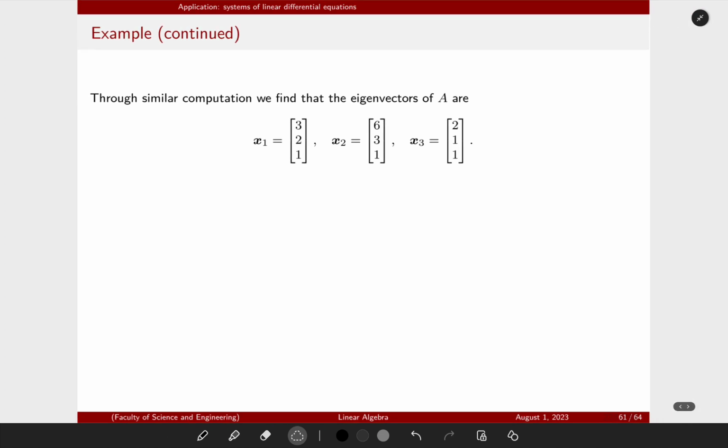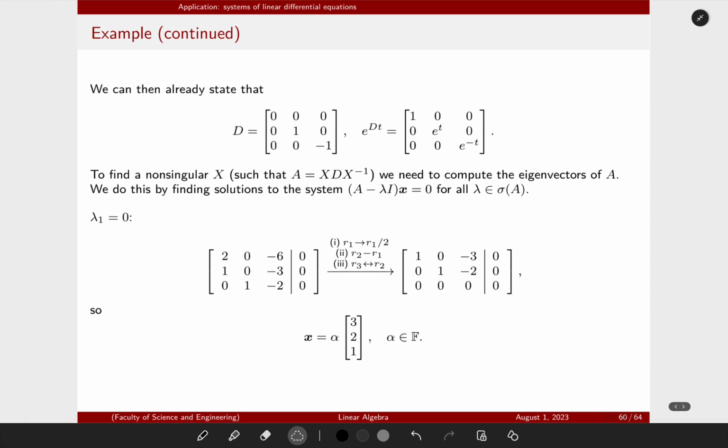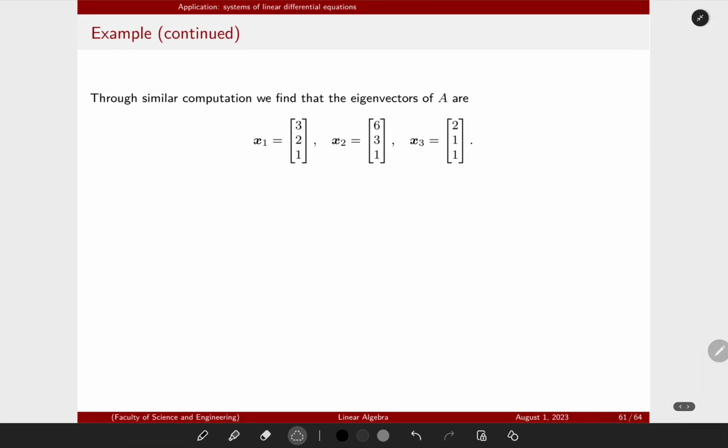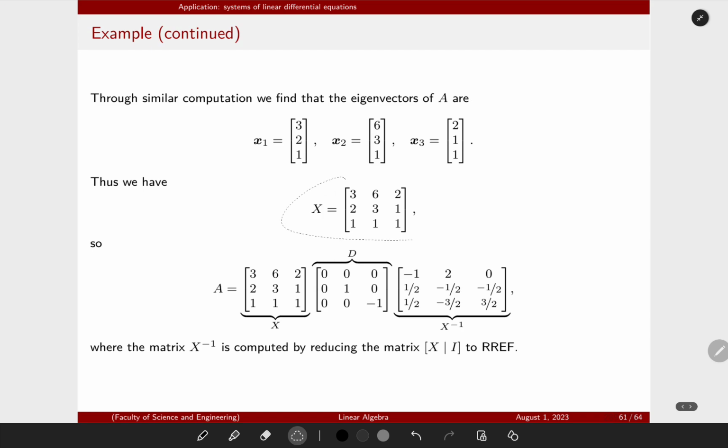Okay, moving on through a similar process. So also taking lambda as 1 and lambda as minus 1, we find these eigenvectors, and thus we obtain our matrix X like so, just by putting them together. So an important thing, this vector has corresponding eigenvalue lambda 1.